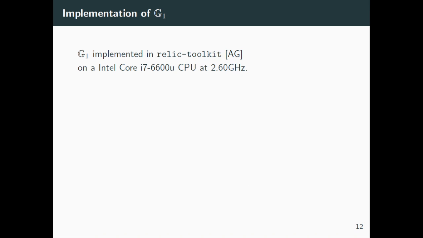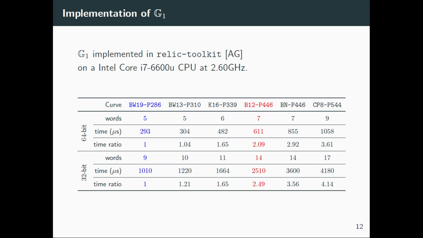Moving on to the brighter side, we implemented the arithmetic of the curve BW19 in order to compare computation times. Notice that we have made benchmarks for 64-bit and 32-bit architectures, as we had in mind constrained devices.